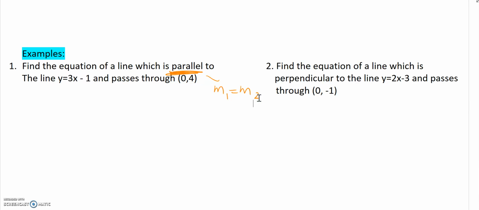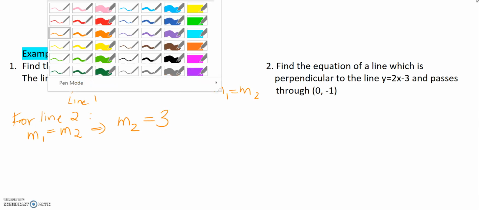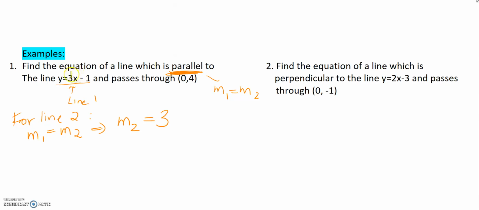So this is the first line, let's say this is line 1. For line 2, because M1 is equal to M2, this tells us that the gradient of that line is the same as the first one, which is 3. Because if you have a look from the equation, that's our gradient. That's equal to 3.